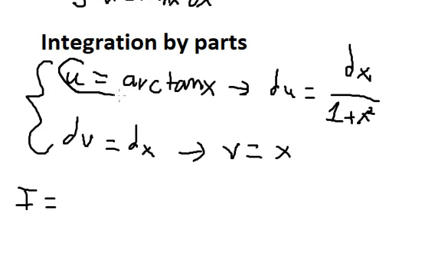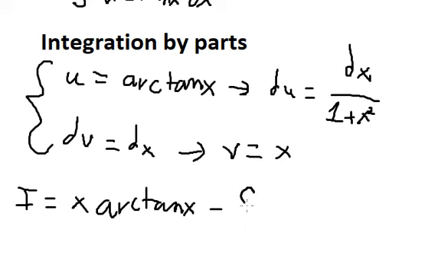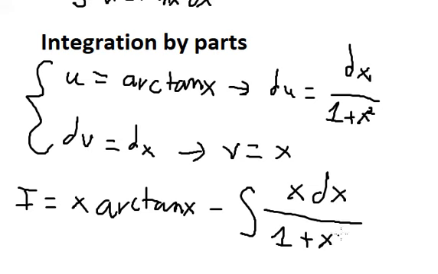So we have u multiplied by v, that should be x arctan of x, minus the integration of v du, so we have x dx over 1 plus x squared.